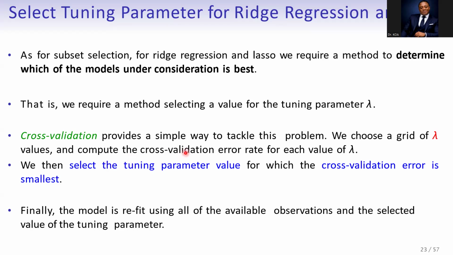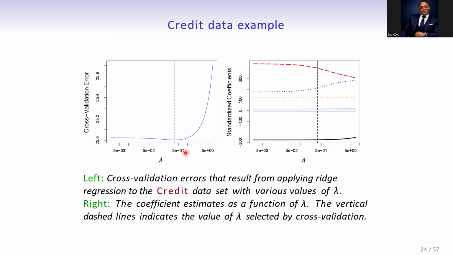It's very important that you know that this whole thing helps. When you check this, this is the cross-validation error. As lambda goes up, the cross-validation error comes down and then rises up. So you don't know which one to use. But the one that you will use, come here.